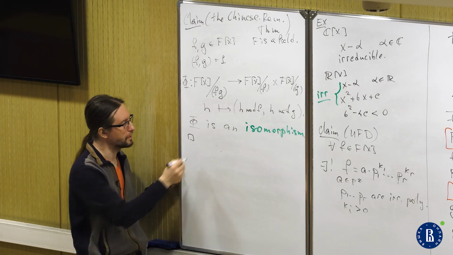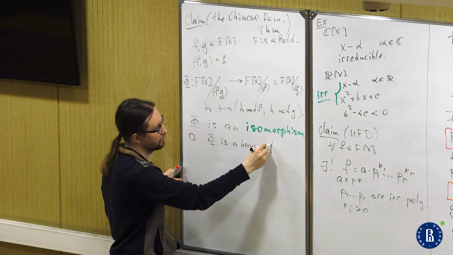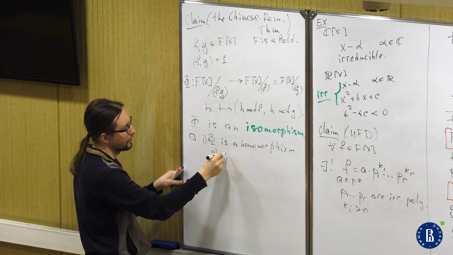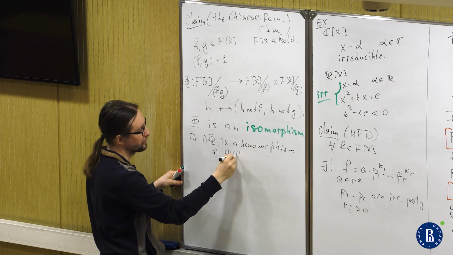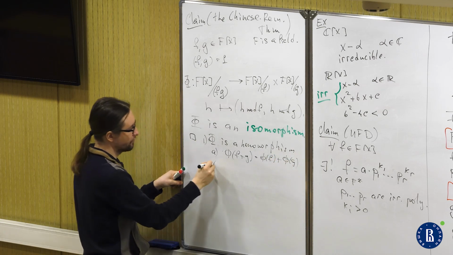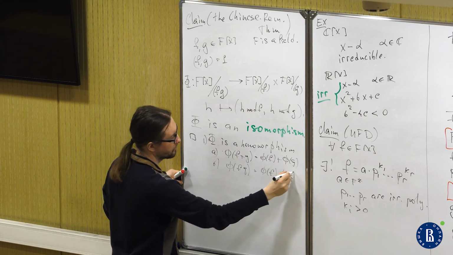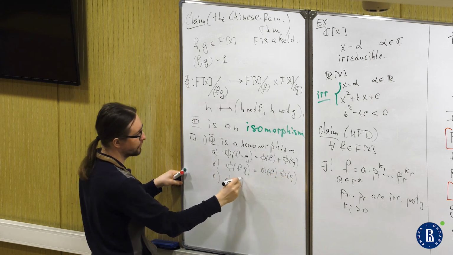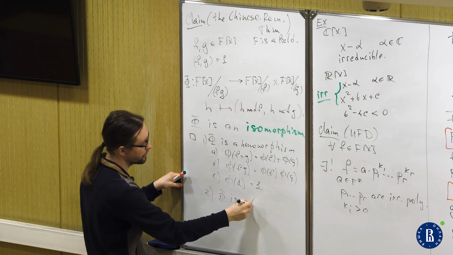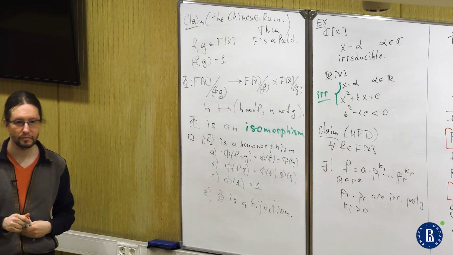So an isomorphism means that phi is a homomorphism, which means that phi preserves addition, phi preserves multiplication, and phi preserves the identity element. And the second property: phi is a bijection. Okay?